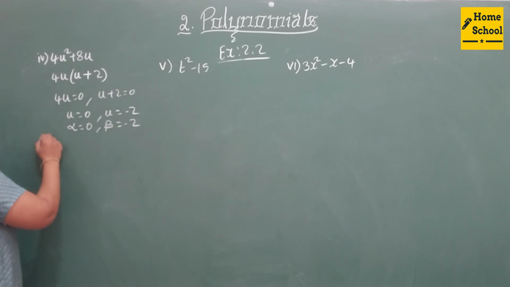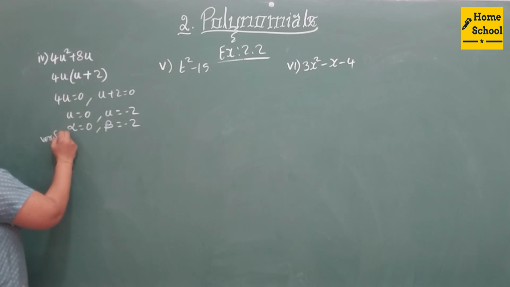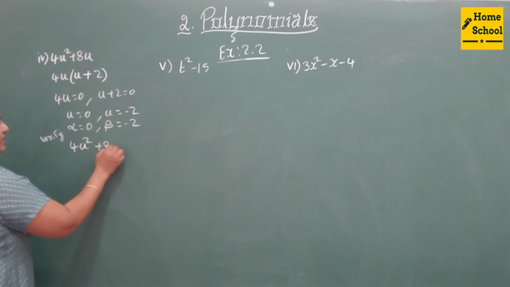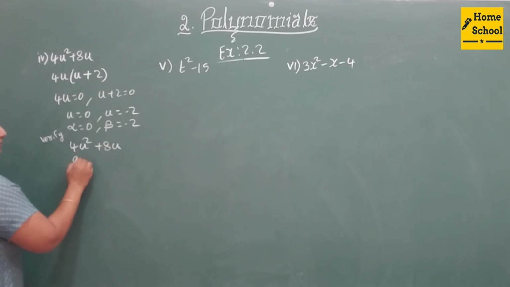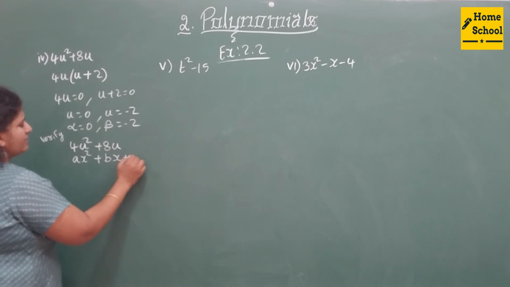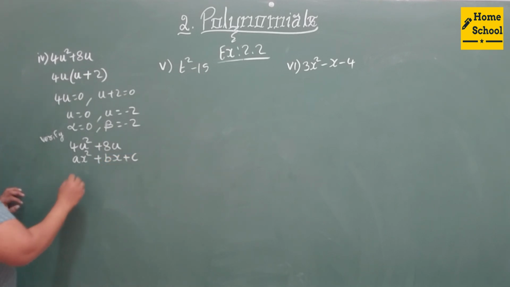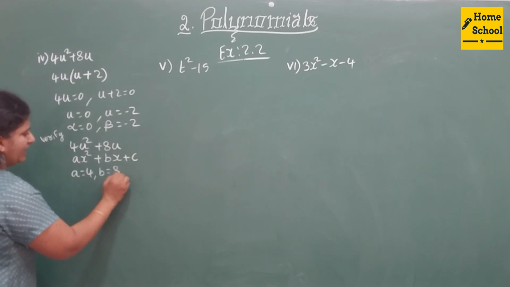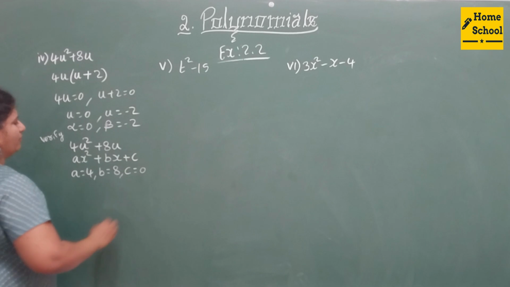Again verify the relation, means take the polynomial again, 4u square plus 8u. Compare with standard form, ax square plus bx plus c. So a value is 4, b value is 8, c value is 0.